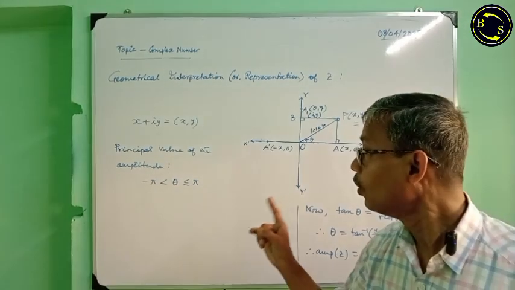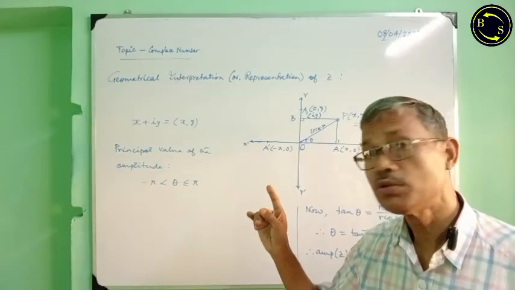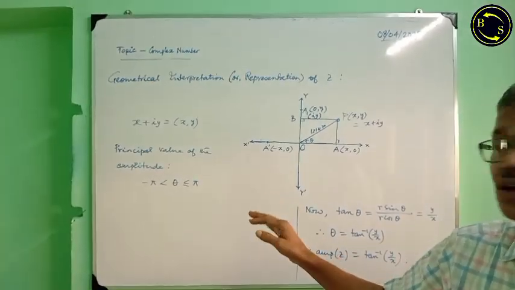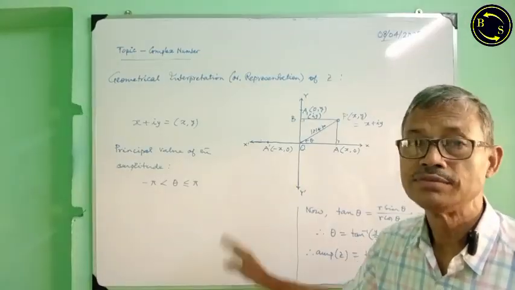Principal value of amplitude or argument theta is in this interval.